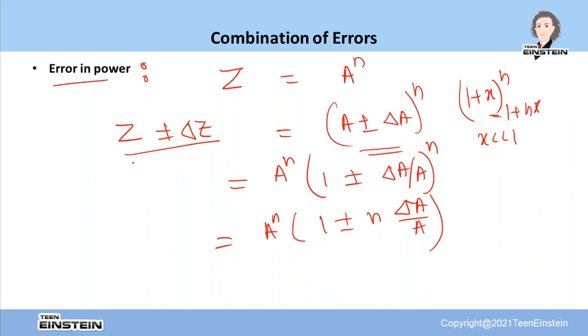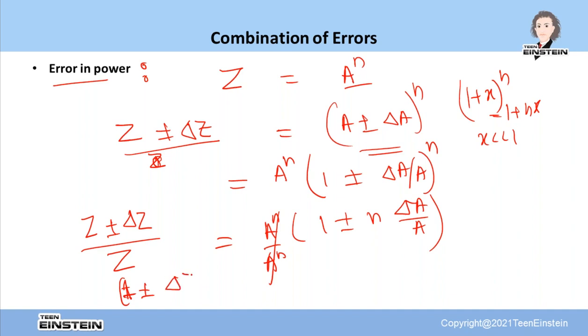If I divide with z plus or minus delta z, then z means a to the power n, so a to the power n here goes off, and here you get 1 plus or minus delta z by z. This is equal to 1 plus or minus n delta a by a.